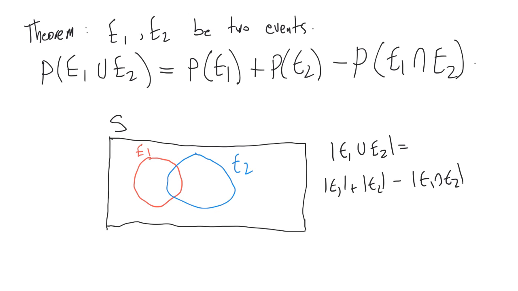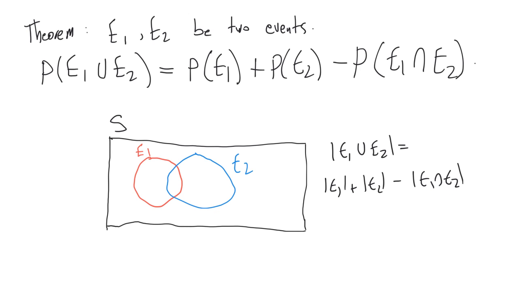And if we just write down the definition, what is important is not the constant S, but the cardinality of the set. We knew from before that the number of elements in the union is the number of elements in E1 plus the number of elements in E2 minus the number of elements in here that we have counted twice.